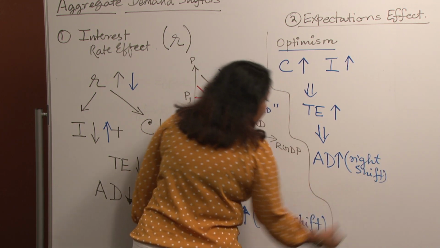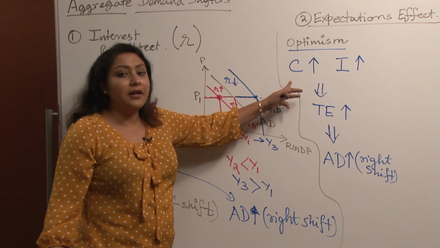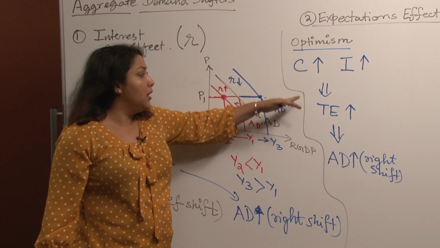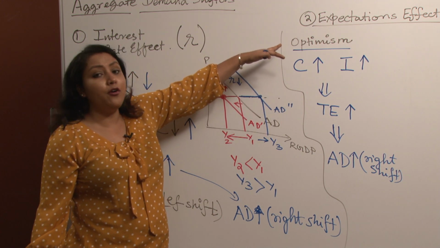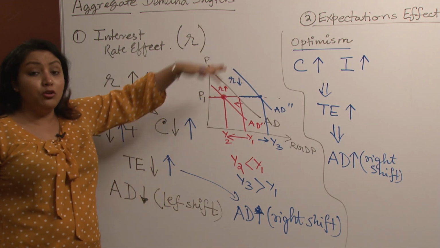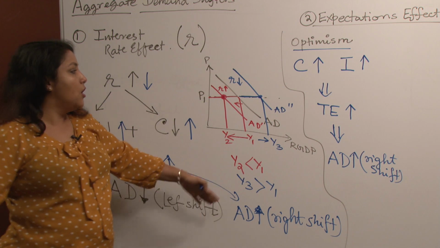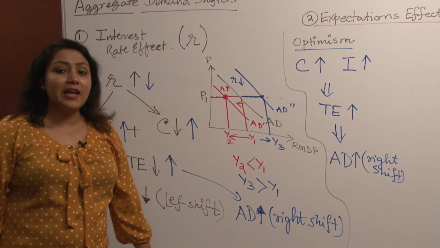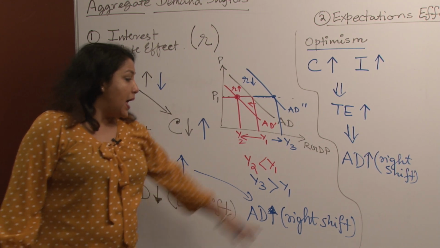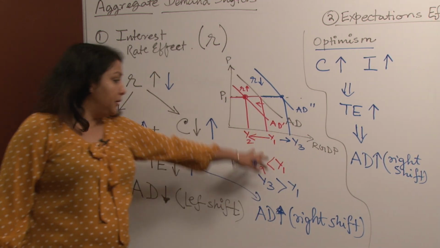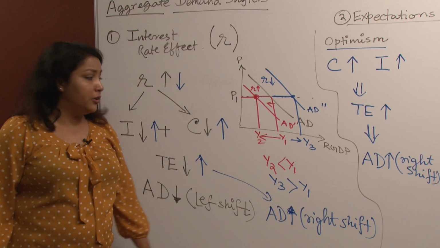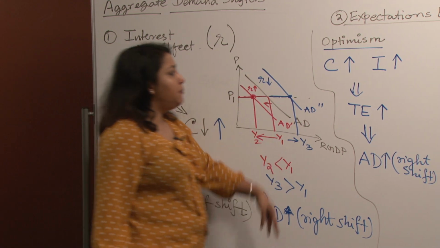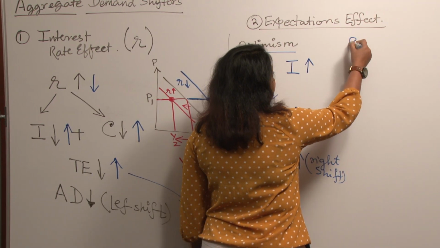Please note once again, nothing has happened to the price index. So, there is no inflation or deflation in the economy, but just because there is an air of optimism in the economy due to the macroeconomic status of the country, there is a higher total expenditure which takes the aggregate demand curve to the right, and as a result the real GDP of the country also increases and there is growth in the country.